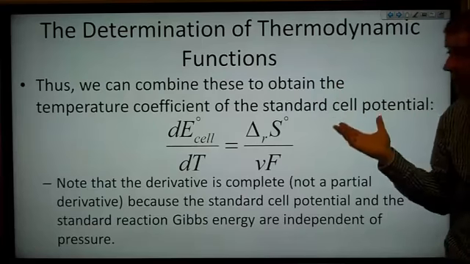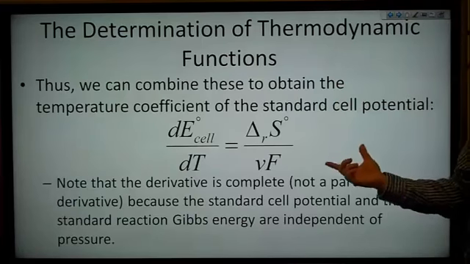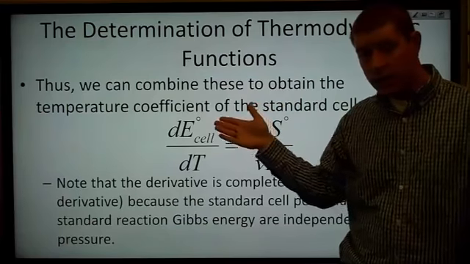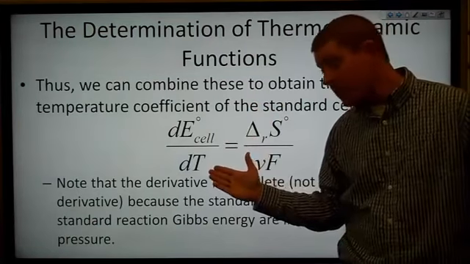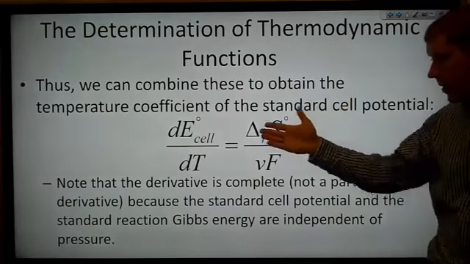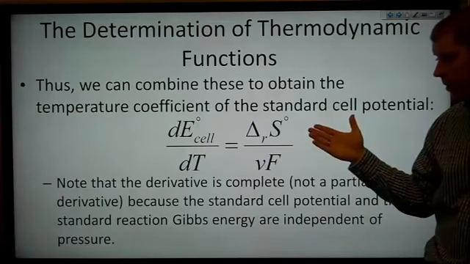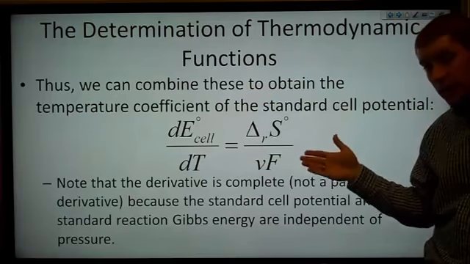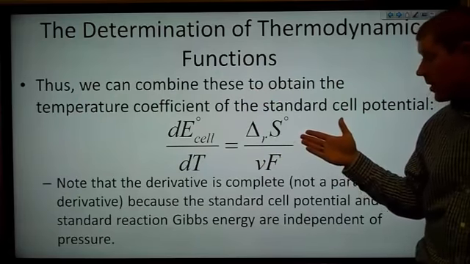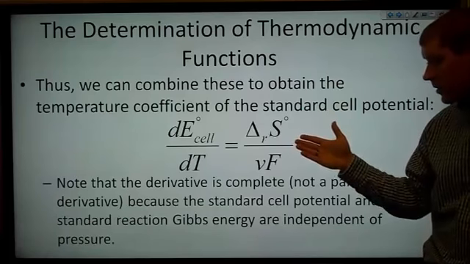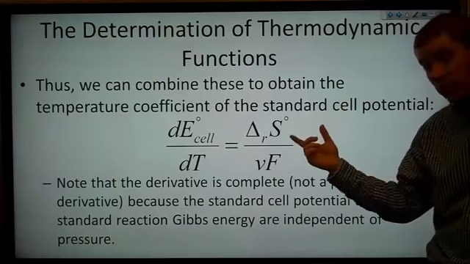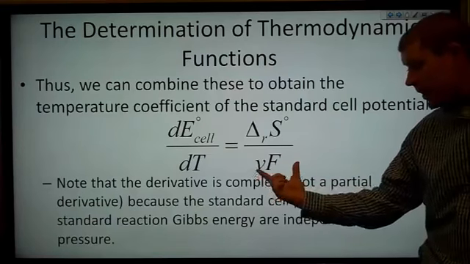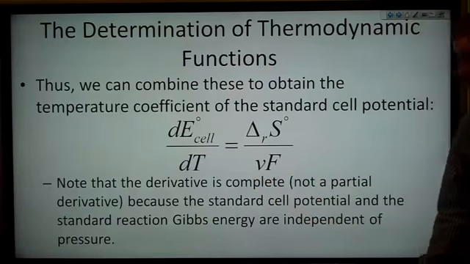And so we can combine these two to obtain the temperature coefficient of our standard cell potential. So how our cell potential is changing with respect to temperature. And so a slope of a plot of cell potential versus temperature would give us this slope. And so we have the standard entropy change for reaction, divided by ν times F.